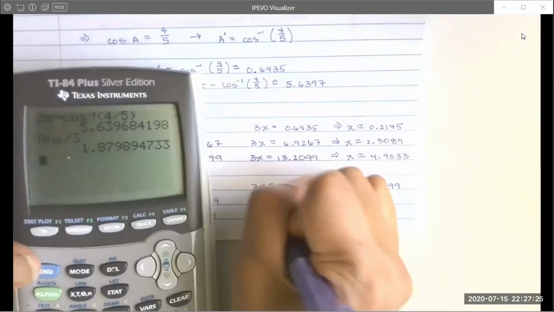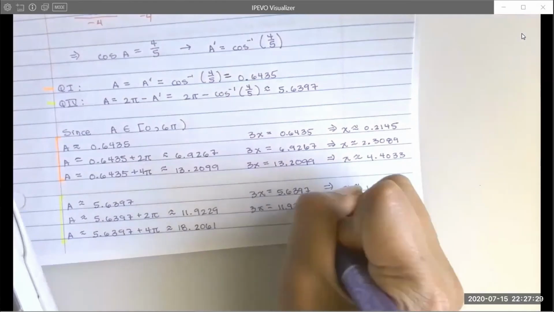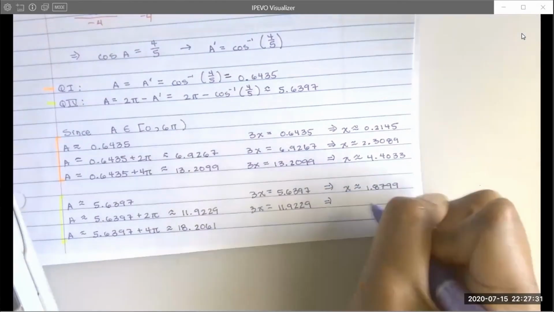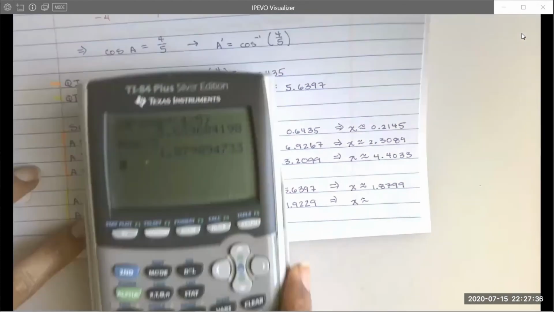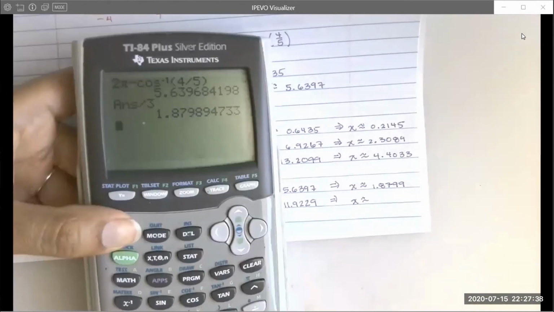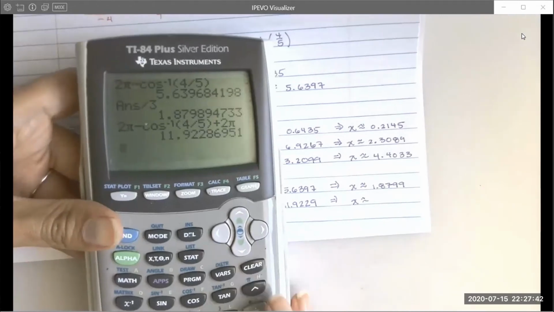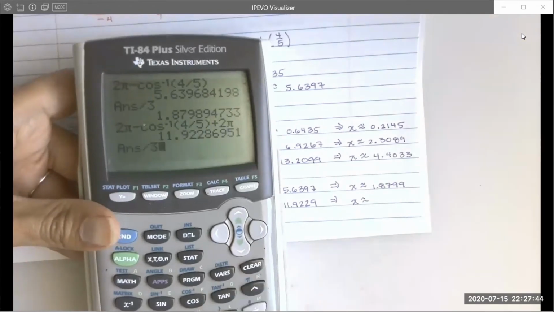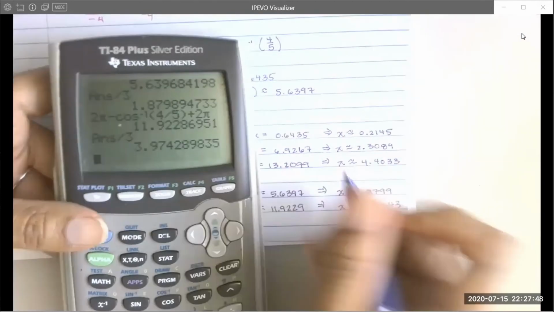Next one is 11.9229 divided by 3. Okay, so it's that plus 2 pi divided by 3, 3.9743. Next one.